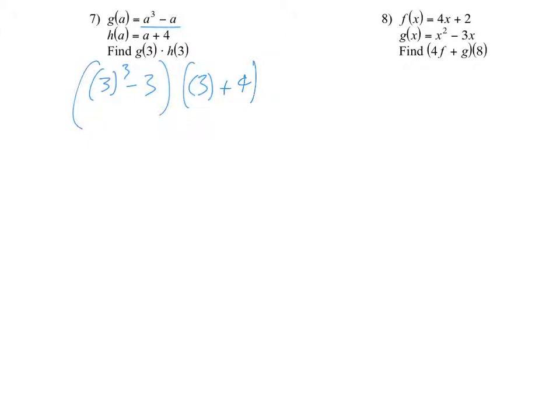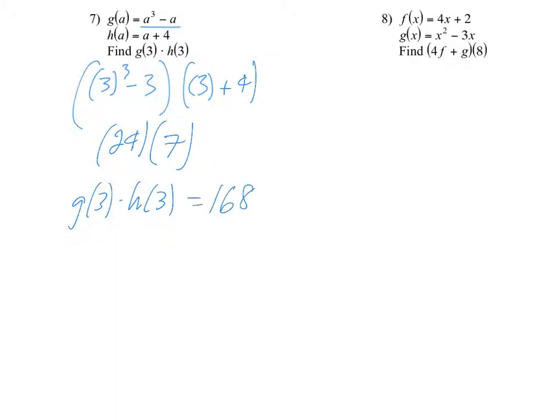So we have to work inside here. 3 cubed is 27, minus 3 is 24. 3 plus 4 is 7. So g of 3 times h of 3 is 24 times 7, which is equal to 168.